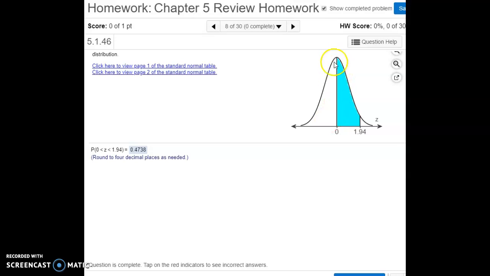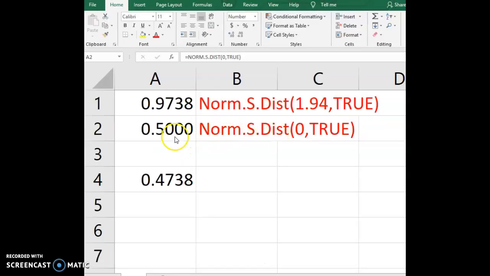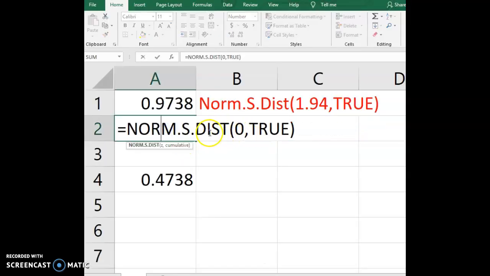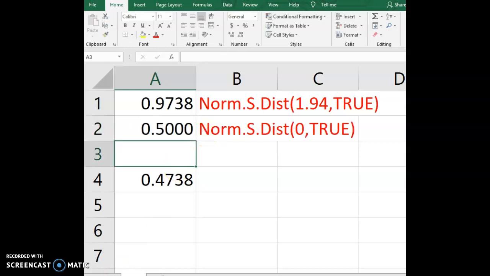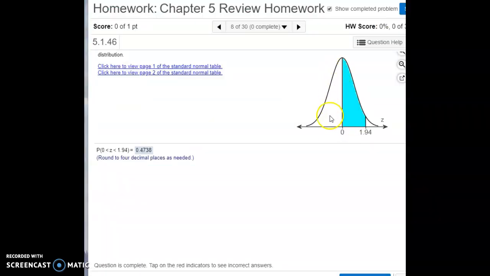And now we're going to subtract away the part from the second z-value further left into the tail. So use that same formula in Excel with the other z-value, and you get the probability from the second z-value down into the tail. And that's what we're going to subtract away.